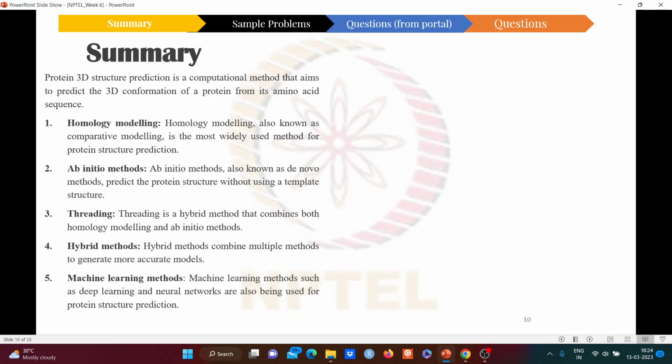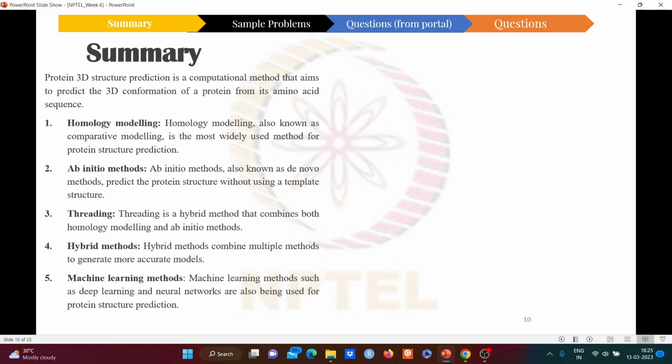Yes, as you have mentioned, it takes more time and is experimentally costly. Yes, these are correct. So here I'll be discussing the computational methods that aim to predict the 3D conformation of a protein from its amino acid sequence. First I'll start with homology modeling, which is also known as comparative modeling.